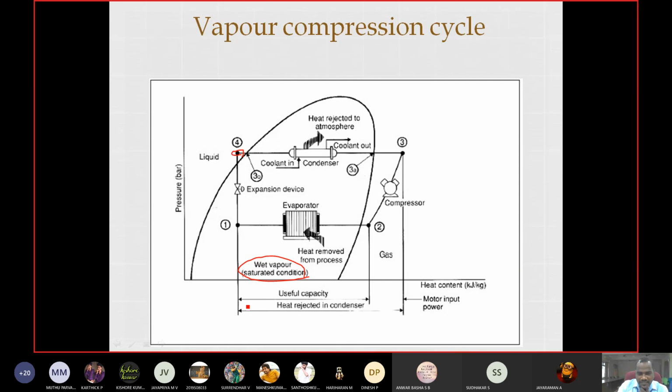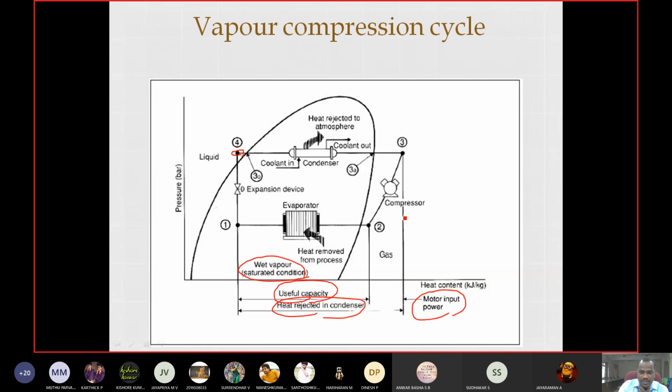So we can classify the regions. From 1 to 2 we have the useful capacity of the refrigerator. Then in the region 4 to 3 or 3 to 4 we can classify the heat rejected in the condenser region. Then in the enthalpy from 2 to 3 we can classify the motor input power.